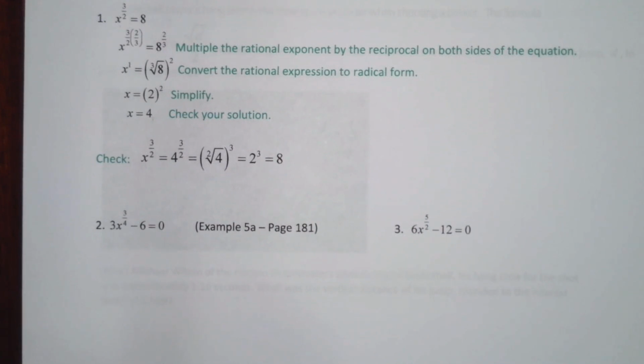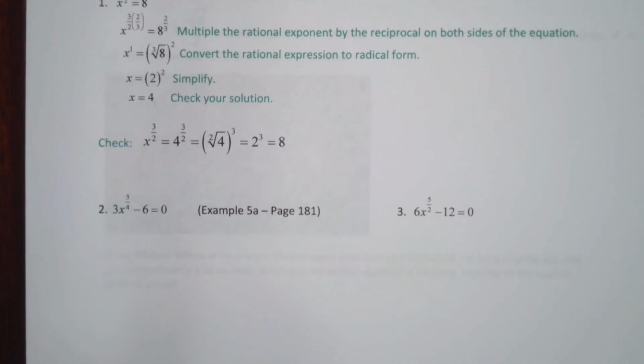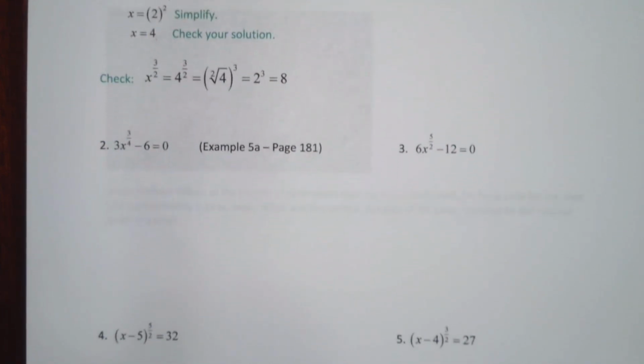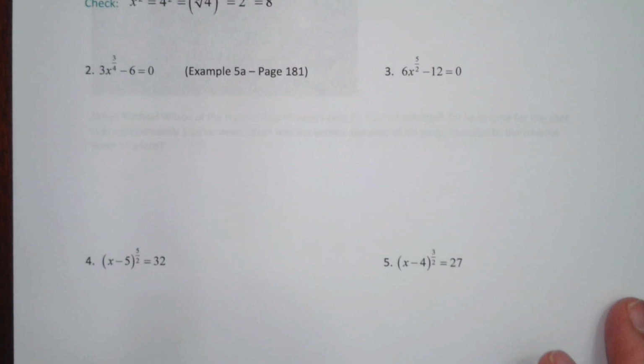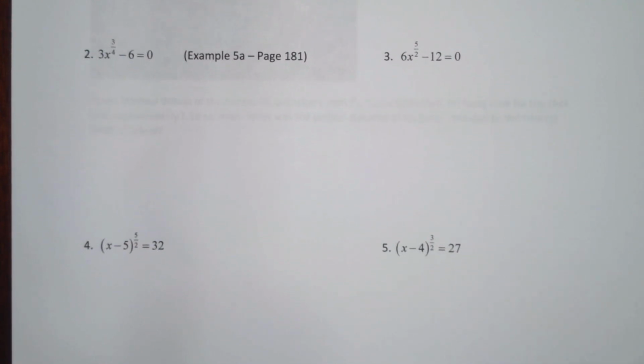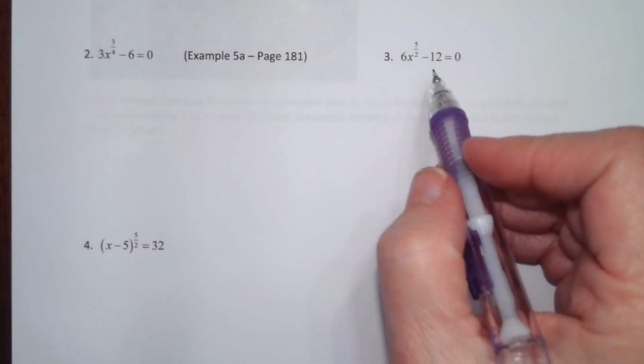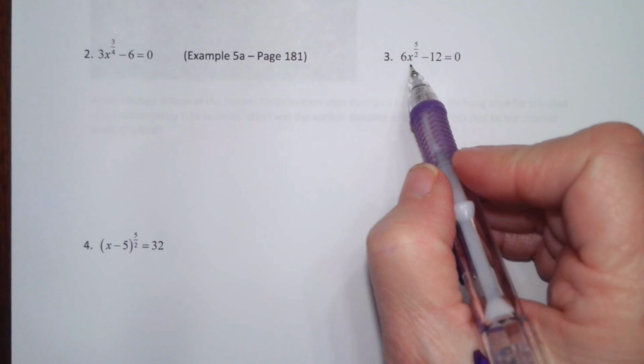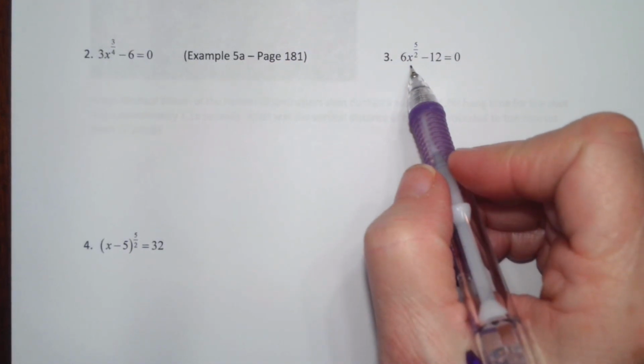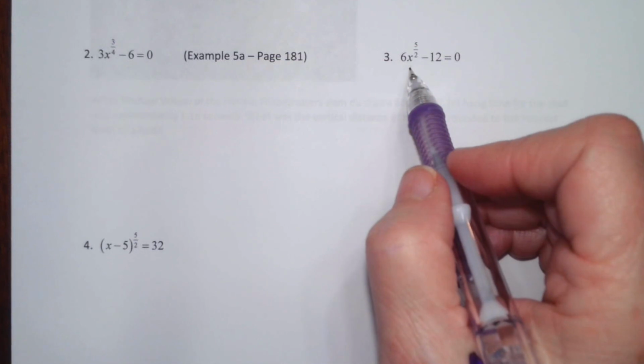So we'll go ahead and I'm going to let you look at that one, and I'm going to work on number 3. All right, so first thing we need to do, same thing, we want to get x by itself. So we follow the same rules as if this was x squared or something.